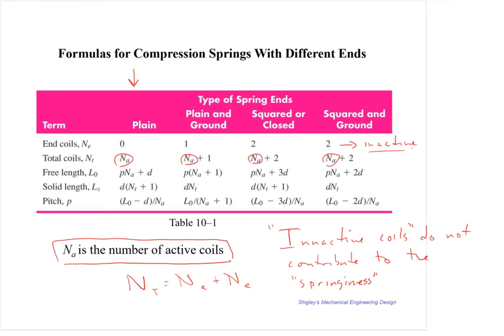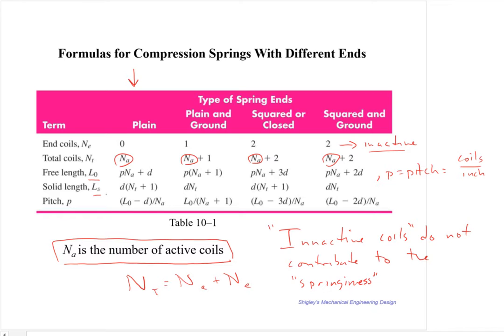There's also free length. P here is the pitch. That's how many coils per inch or meter, whatever units you're in. So this will tell you the free length. That's important, to know what the free length L naught is.